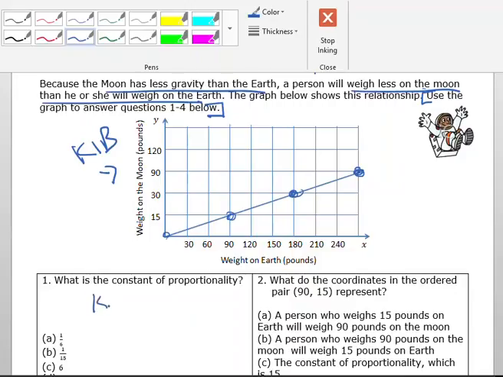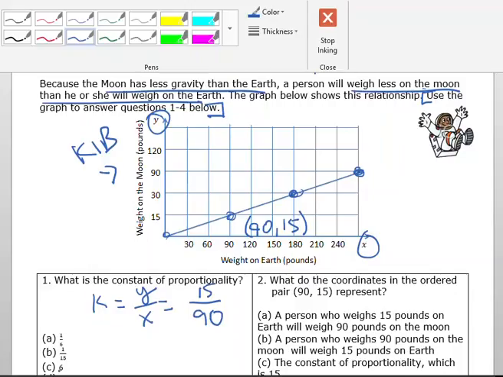And I remember that my constant of proportionality formula is k equals y over x. All right, so I'm going to choose a y and an x. Obviously, I'm not going to choose 0, 0. So I'm going to choose the lowest one. If this is 90, 15, because this is my x-axis and this is my y-axis, then I'm going to put my 15 over my 90.